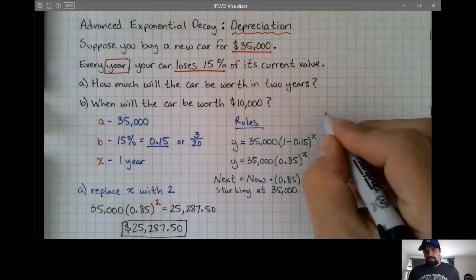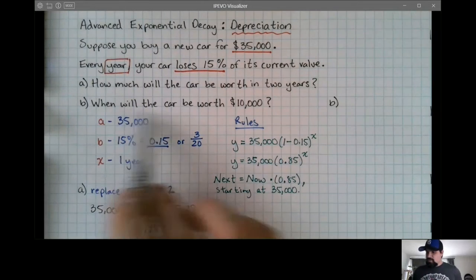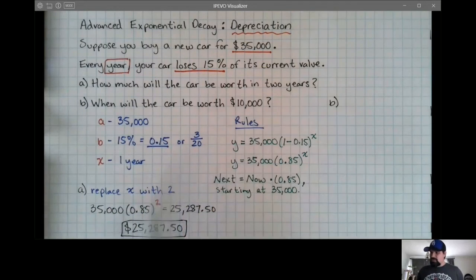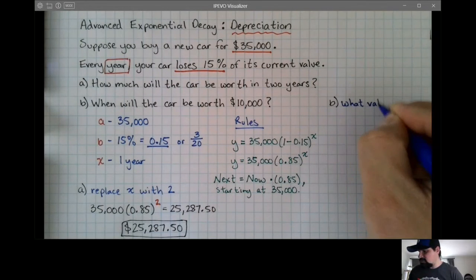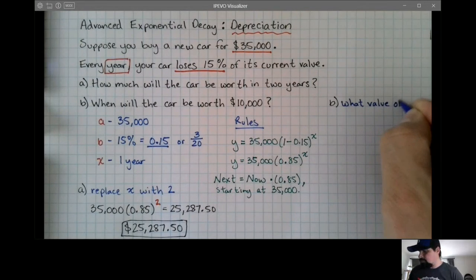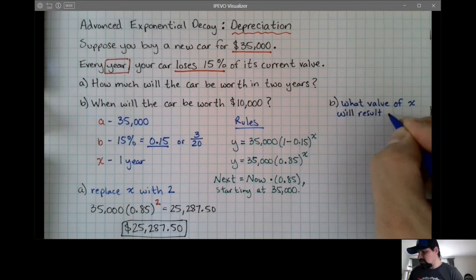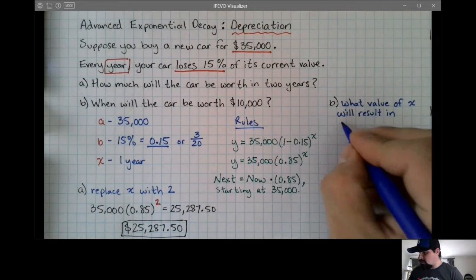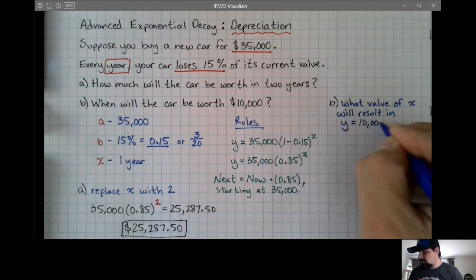Next, let's answer question B over here. When will the car be worth $10,000? This is asking us to determine what value of x will result in y equaling 10,000.